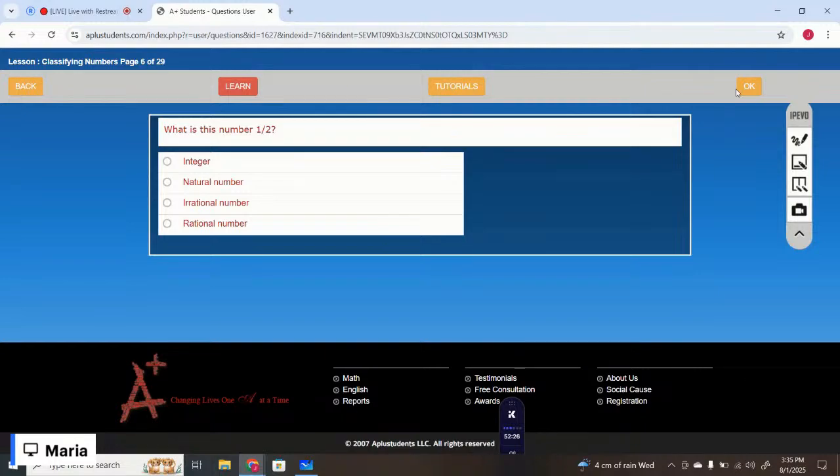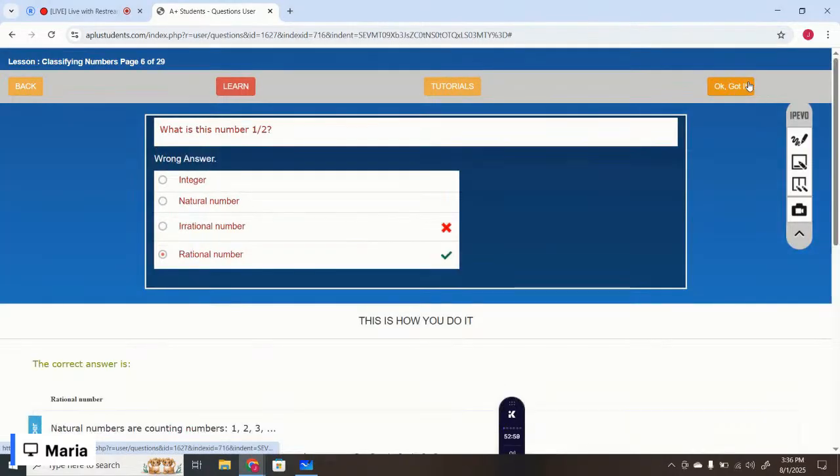What is the number 1 by 2? Irrational number it is. Option number 3 is the correct option. Rational number it is.